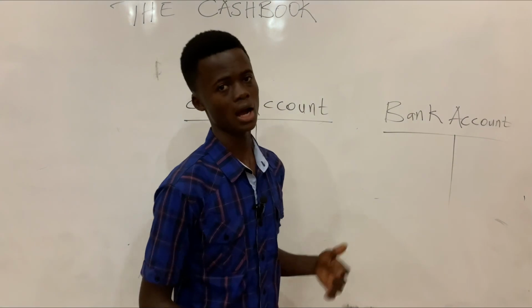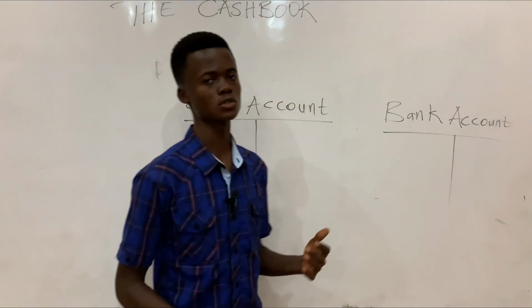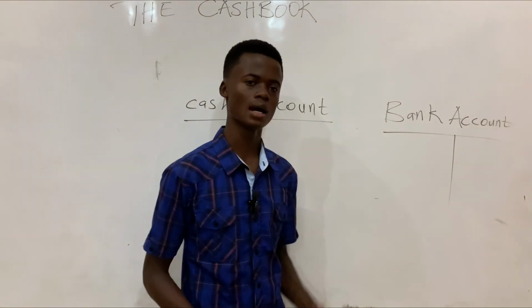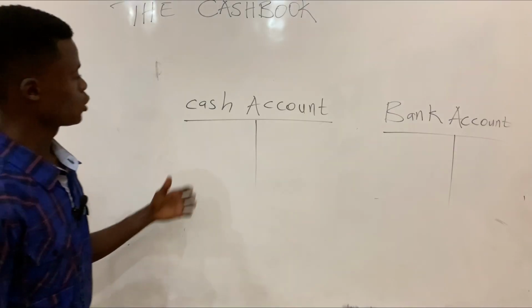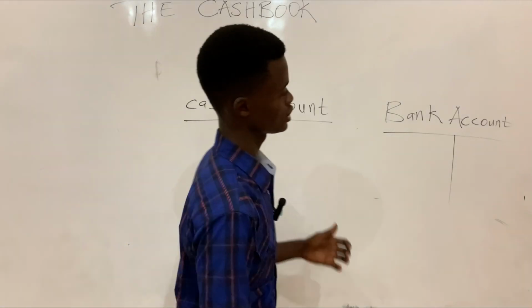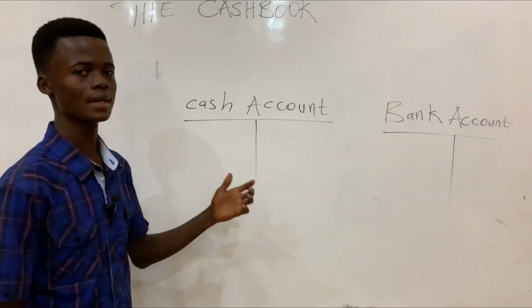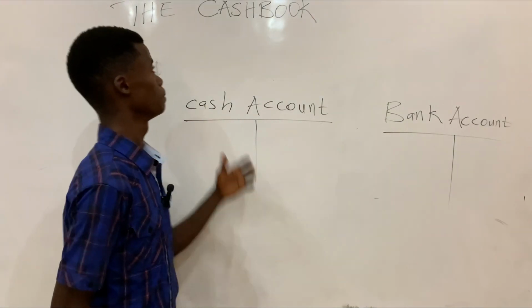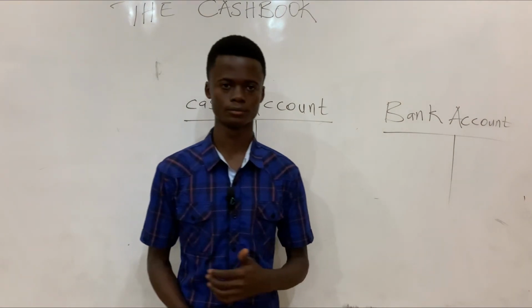Thus, after accounting transactions have been recorded in the subsidiary or in the books of prime entry, they are later posted to the ledgers. And because when cash and bank transactions are recorded in the cash book, they are not further posted to any other account, this cash book has the qualities to be called a ledger.